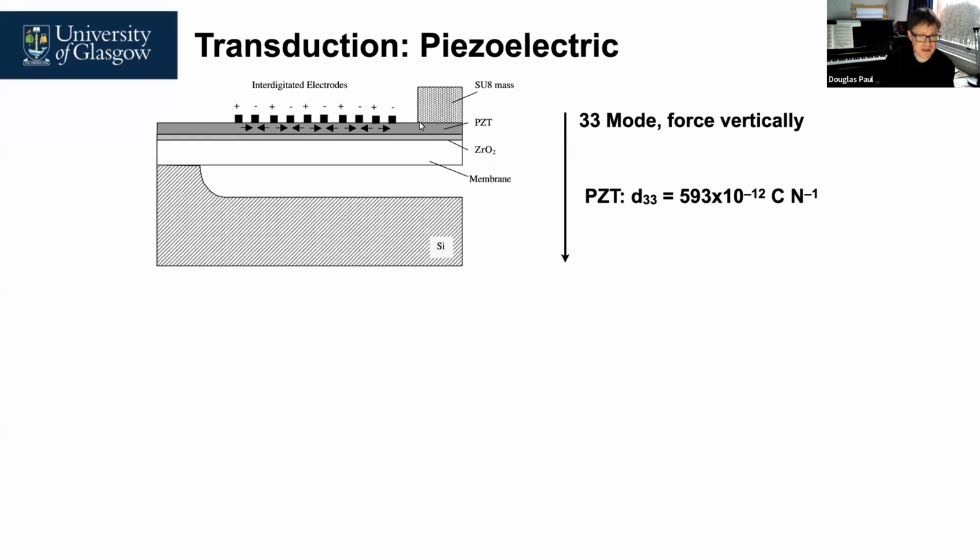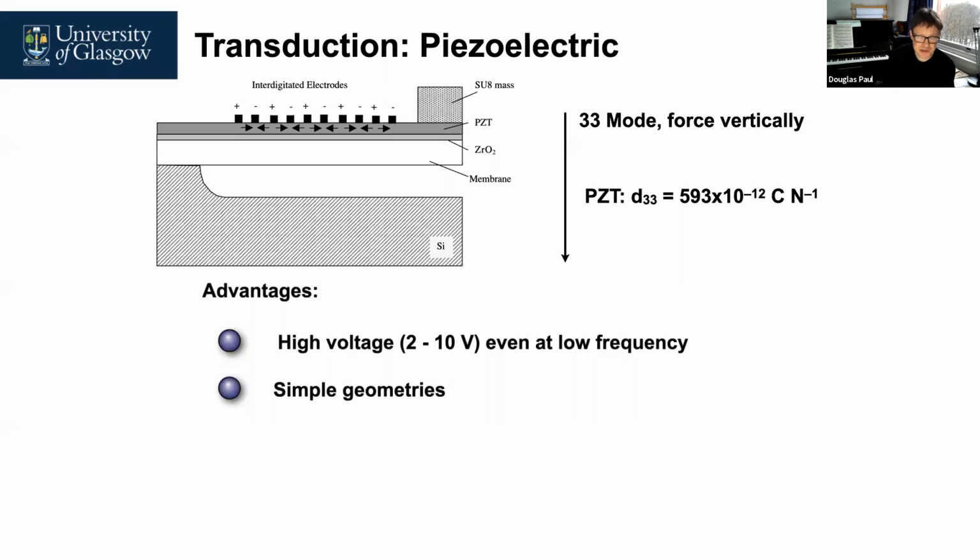They've deposited PZT, and a mass has been put on the top. This is using SU8 resist, but don't worry too much about that, it's just a mass going on top. They then have interdigitated electrodes that, as the PZT is bent, so the proof mass goes up and down, the forces here change the amount of voltage, and from that you can generate a current.